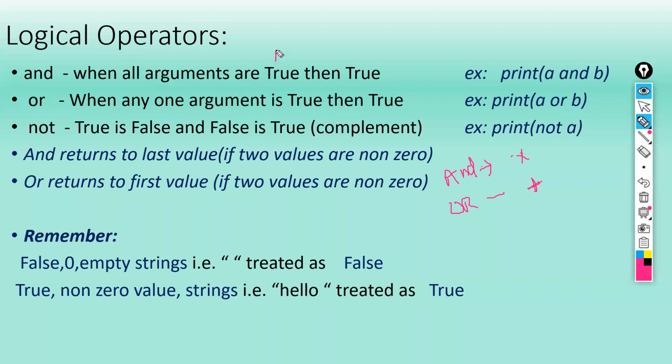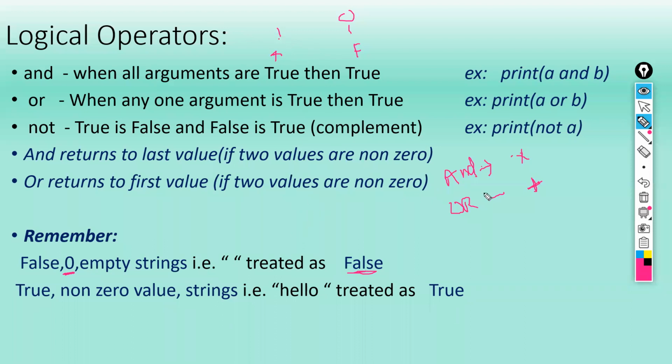Take true as 1 and false as 0, because I already told you 0 is always treated as false. Any non-zero value, 1 is non-zero, or else we can take 10. For easiness, I'll take 1.